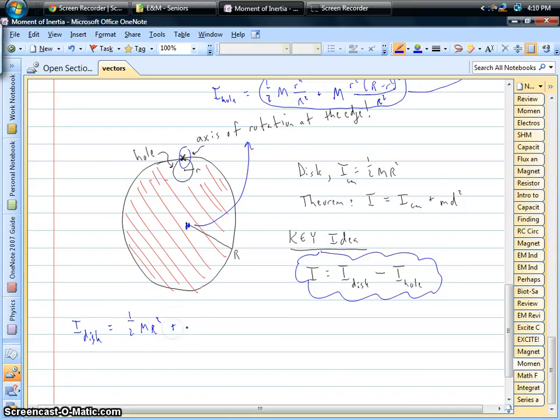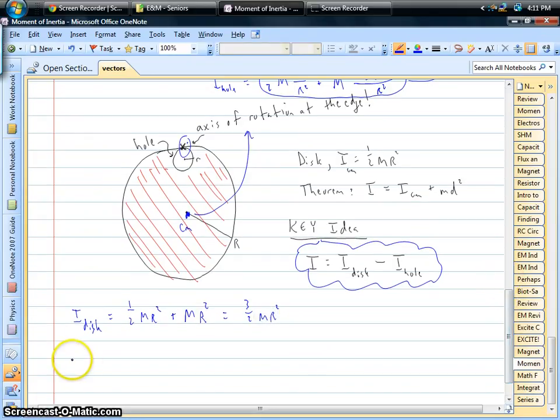Then the parallel axis theorem says we have to take the mass of the disk and multiply it by the distance from the center of mass, which is dead center, to the axis of rotation, which is at the edge of the disk. Well, that distance is just the radius of the disk. Okay, so this is going to give us 3/2 mass times the full radius squared.